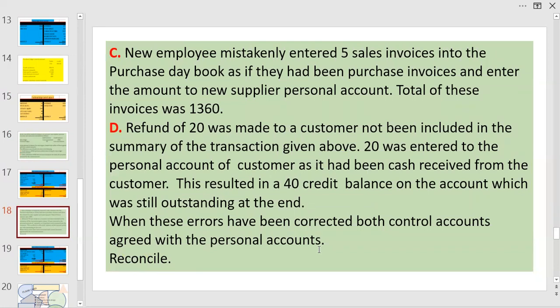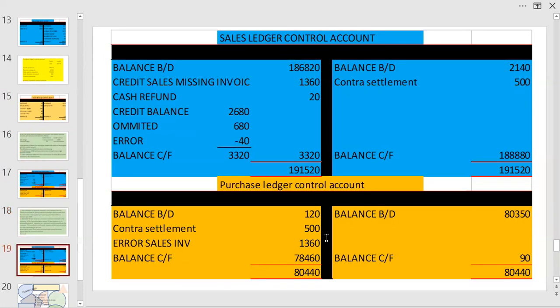This resulted in a credit balance of 40 on the account which was still outstanding at the end. It means the credit balance has been overstated by 40, therefore this has to be deducted. As you note, this has been deducted from the credit balance of sales ledger control account.